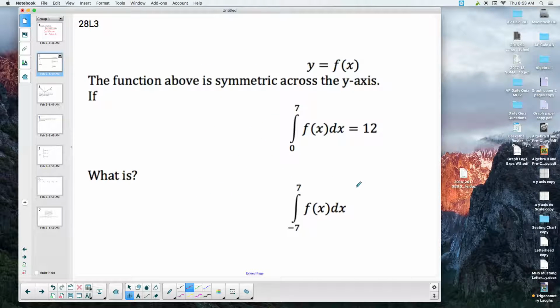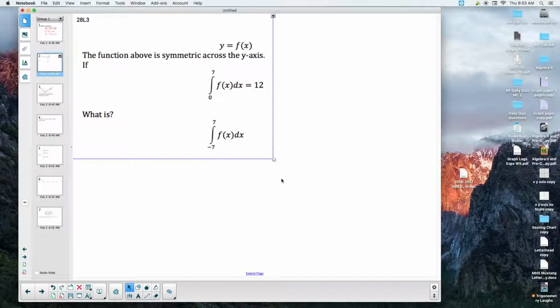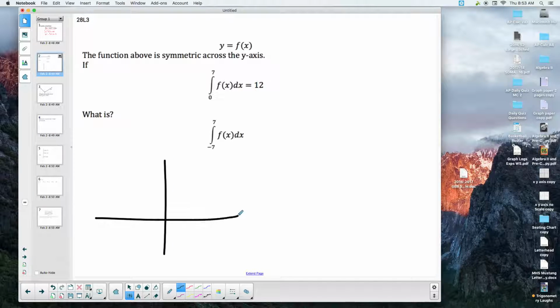All right, number 2. Let me shrink this down a little bit so I can draw. A function is symmetric about the x-axis, I'm sorry, the y-axis. What that means is it's like a mirror. The left side and the right side are the same. And we know from 0 to 7, this area is 12.